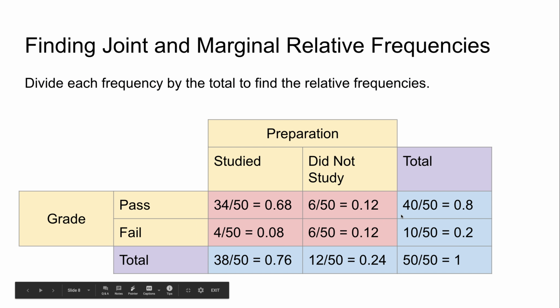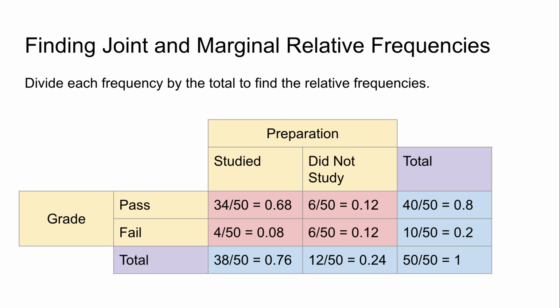Okay, there are some more terms that we have to learn. That's just the nature of this. The problems in the book even bring up these terms, so I want you to know what they are. In order to find the joint and marginal relative frequencies, so relative is the thing that makes this different, the word relative did not show up in those other terms, we divide each frequency by the total to find the relative frequency.